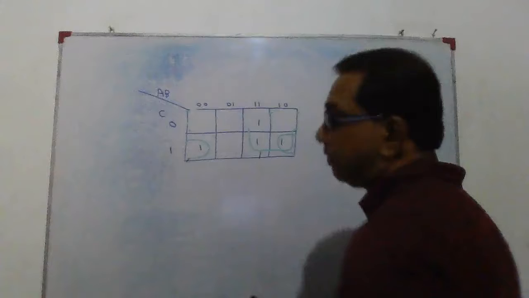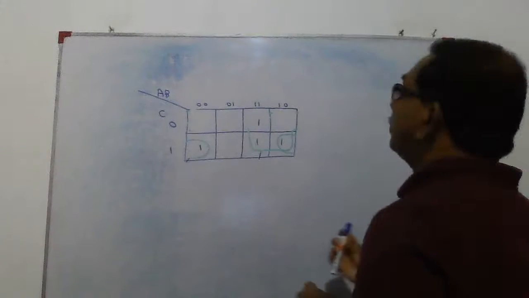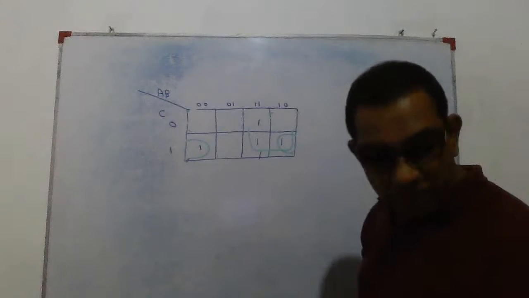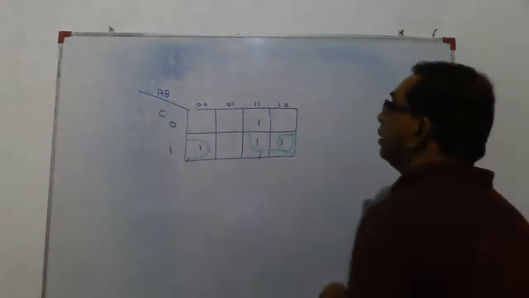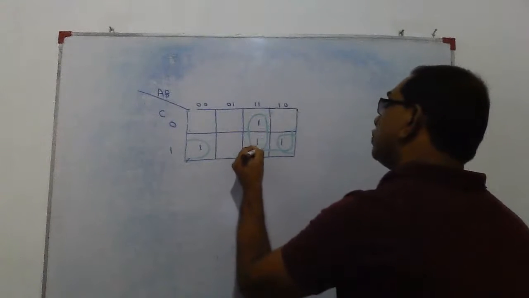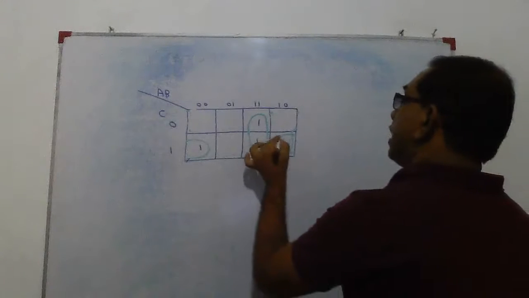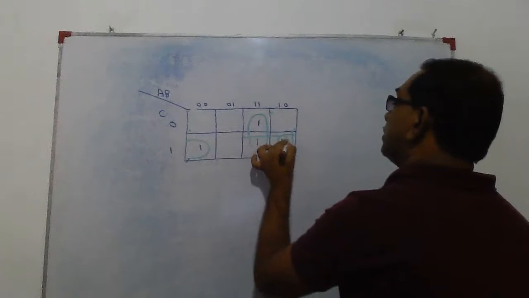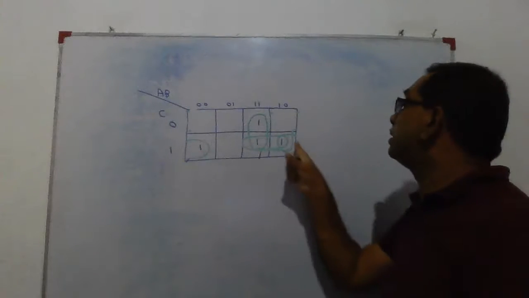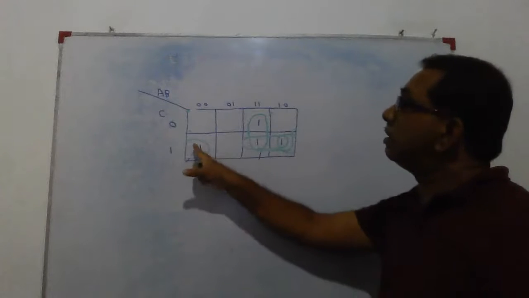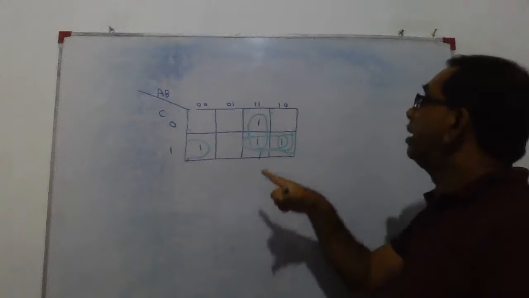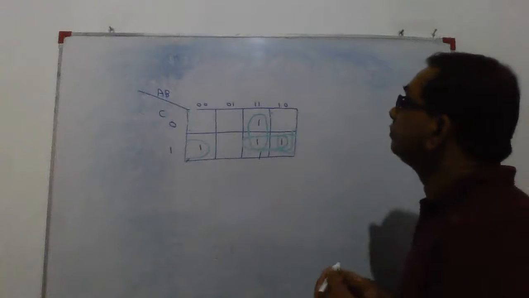Now what you can do, you have 4 values like this. You can make a group here by joining these 2, and at the same time another group by using these 2, and a third group can be created by using these 2 cells according to left and right. So these 2 can be joined together, and these 2 can be joined together.